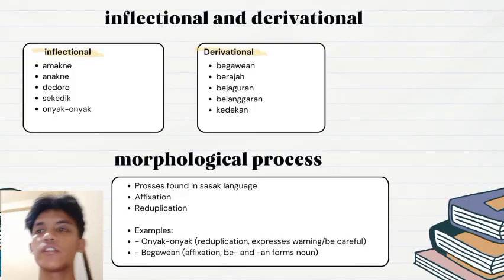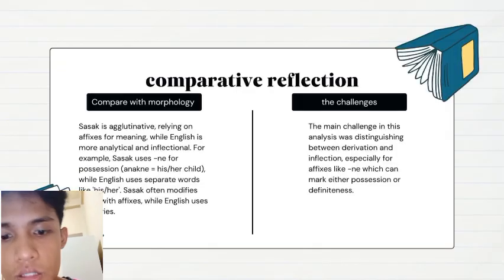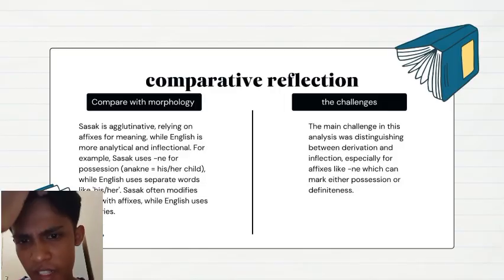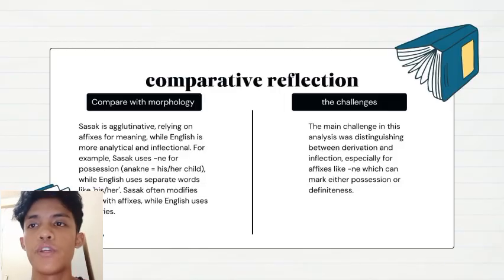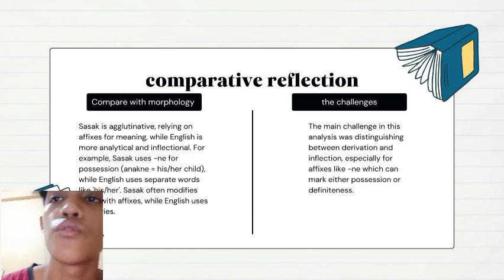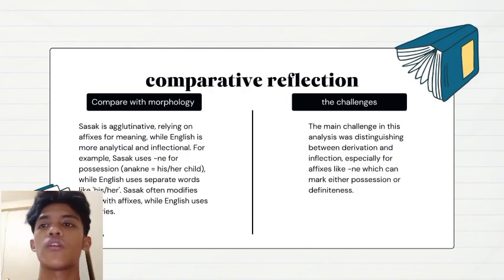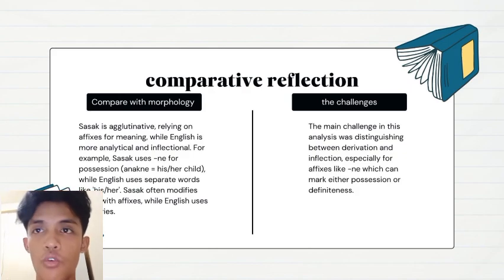The next slide is the comparative reflection. I will compare Sasak with the morphological processes in English. Sasak is agglutinative, relying on affixes for meaning, while English is more analytical in inflection.